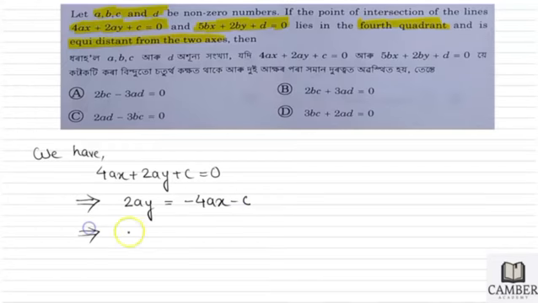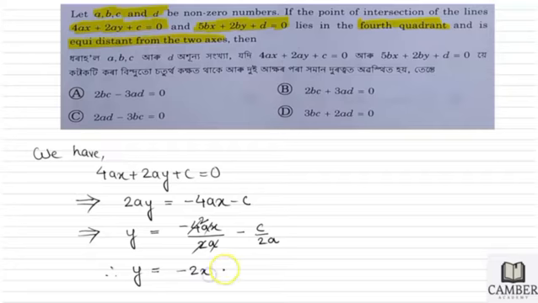That implies y will be equal to minus 4ax divided by 2a minus c by 2a. Okay, so here a gets cancelled out. 2 into 1 is 2, 2 into 2 is 4. So therefore I can write y is equal to minus 2x minus c by 2a.